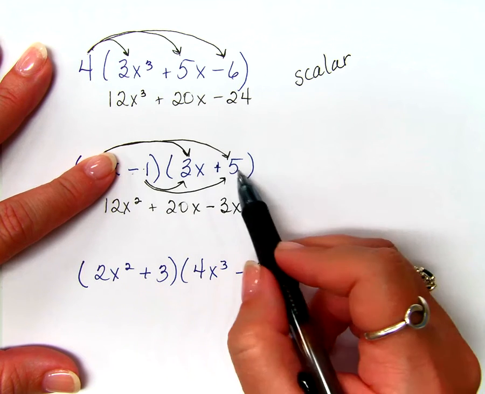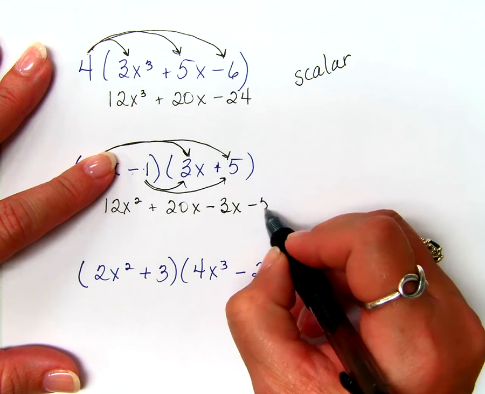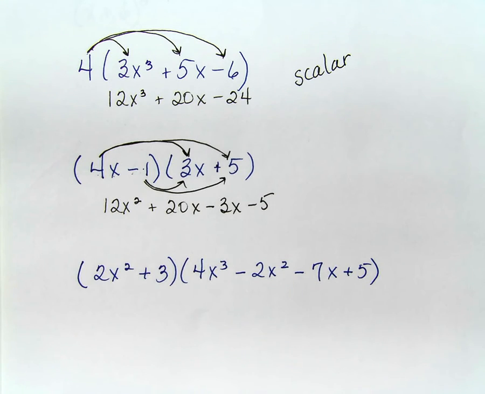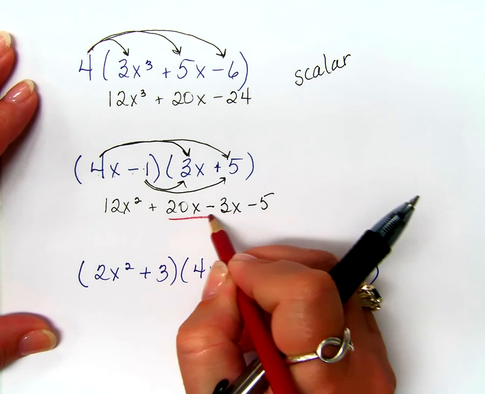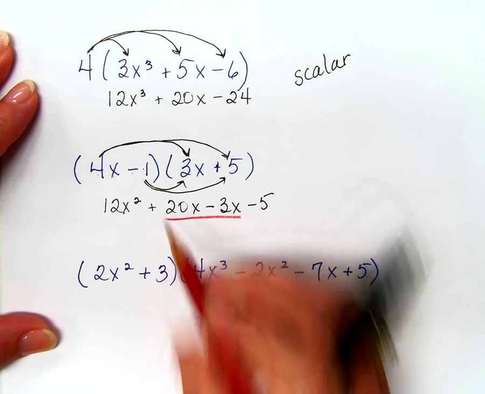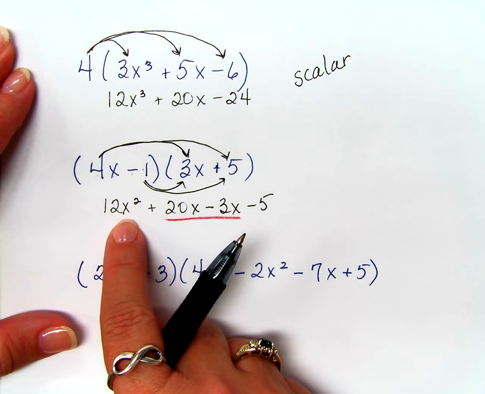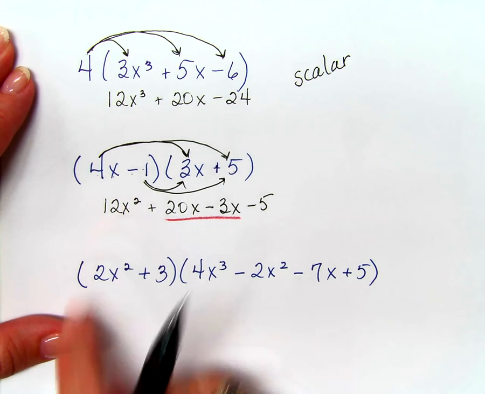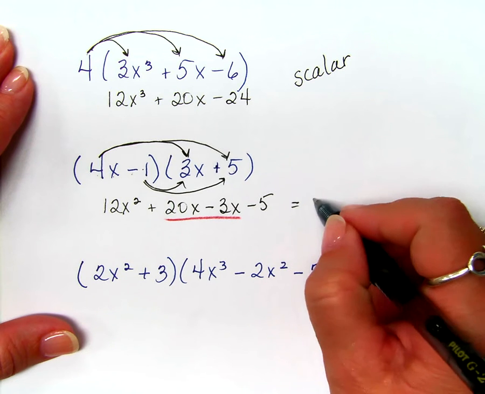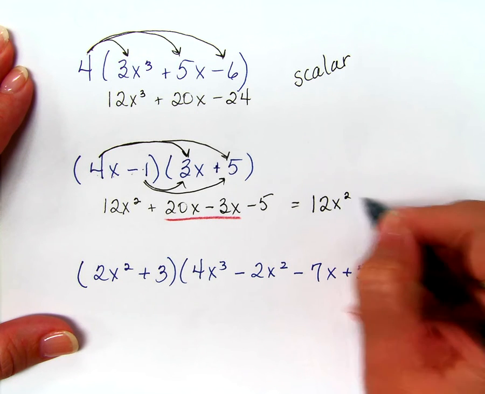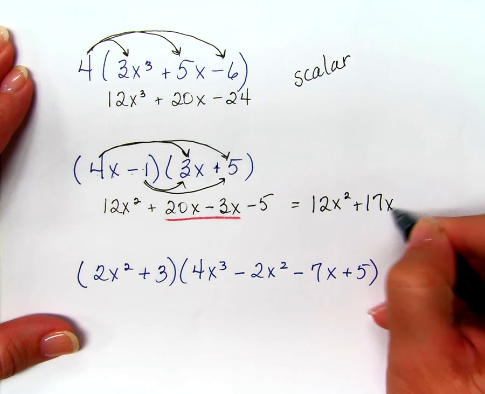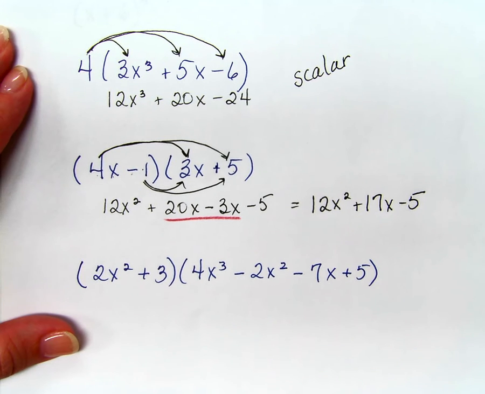And what's -1 times 5? -5. Now, I need to combine my like terms in order to simplify all the way. Those 2 terms are alike because they both have x's. Now this one has an x too, but it's also an x squared, so we can't combine that one. Okay, so I get 12x squared plus 17x minus 5. Done.